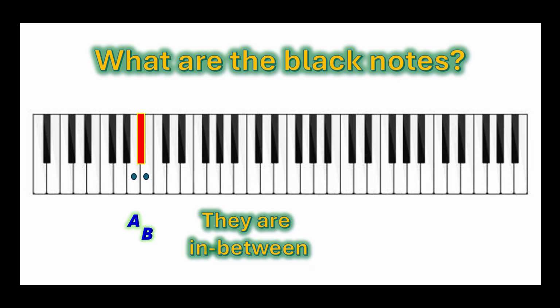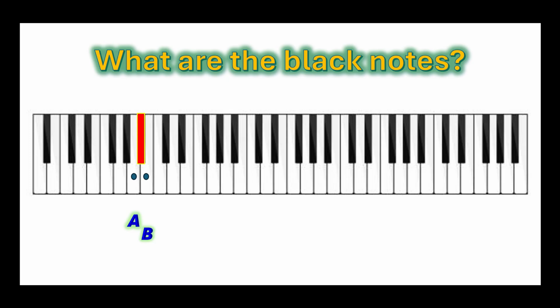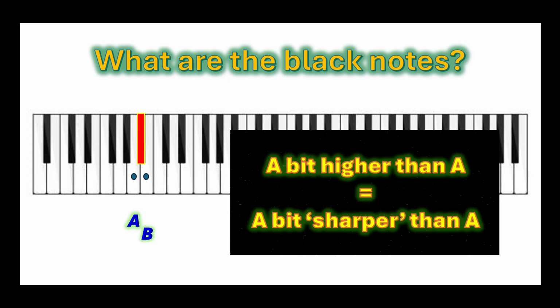Well, if you sit in front of a keyboard and you play the black note that comes right after A, you can hear that it's a little bit higher than A. Musically, we call that sharper. The note just above A is sharper than A. So you can call it A sharp.